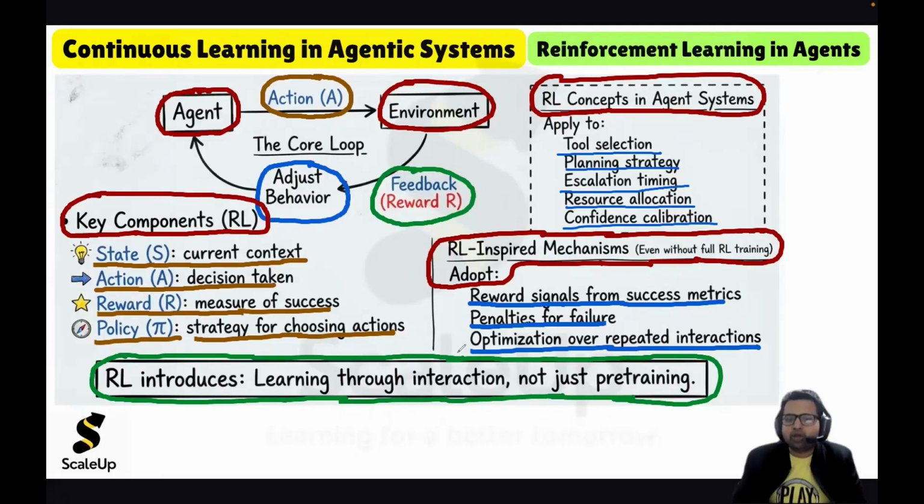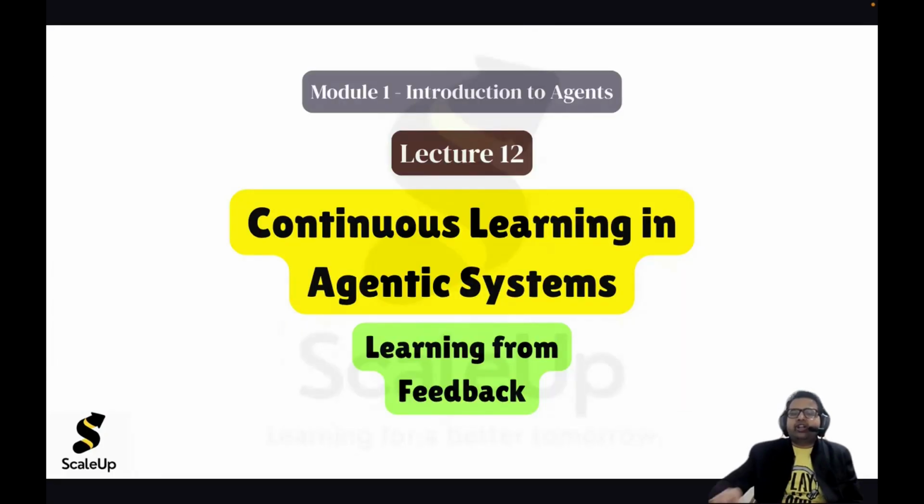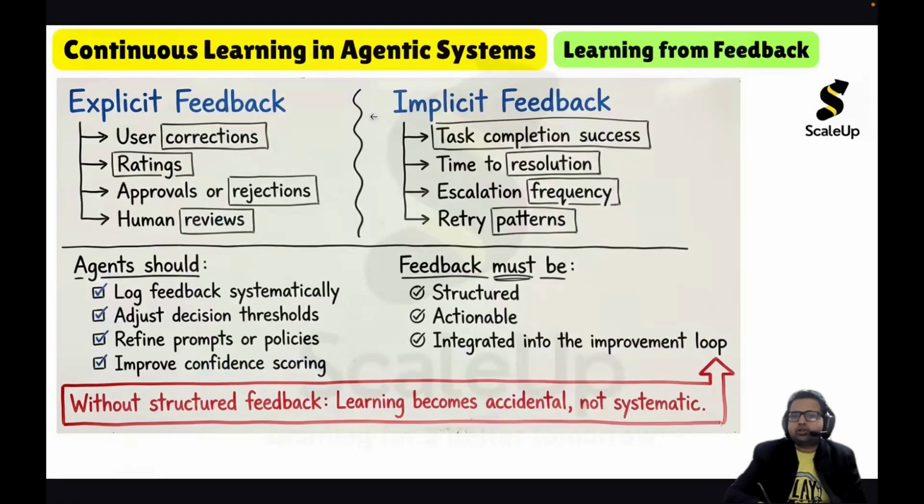There is a need to learn on the fly, and that we can accomplish through reinforcement learning, wherein the agentic system will be learning through interaction, learning from feedback. So this is also very important, wherein agents can learn from feedback.